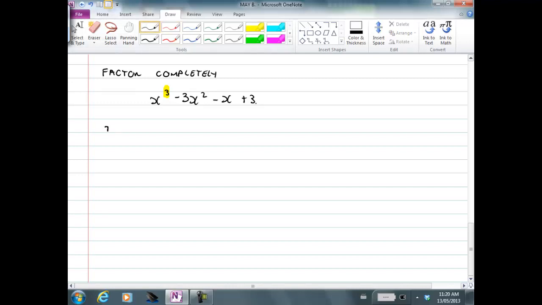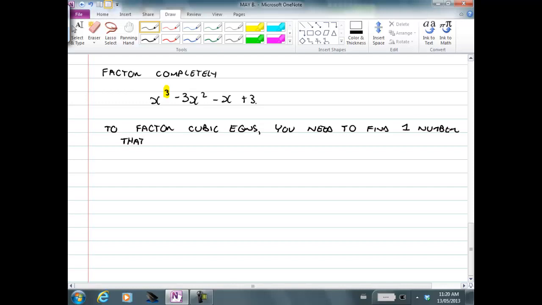To factor x cubes, to factor cubic equations, you need to find one number that will give you 0.